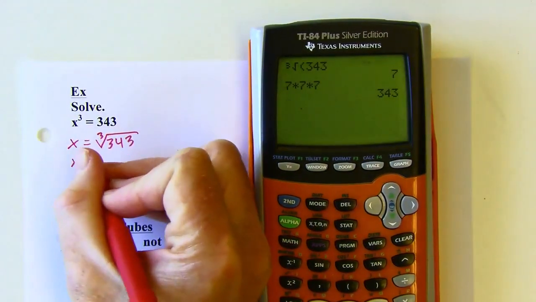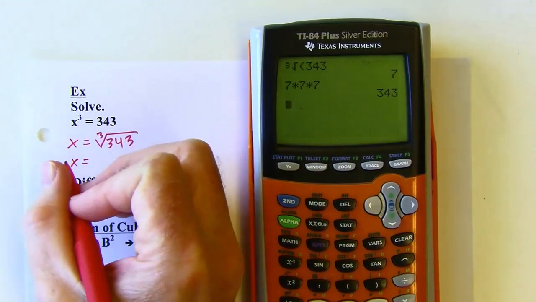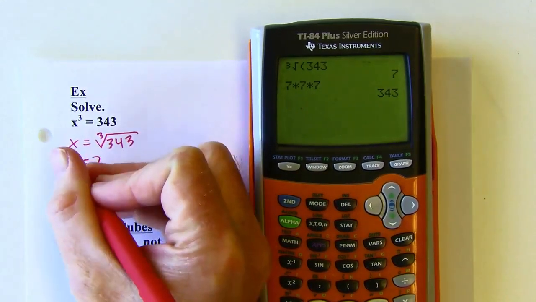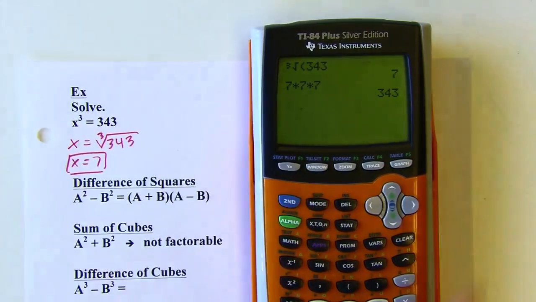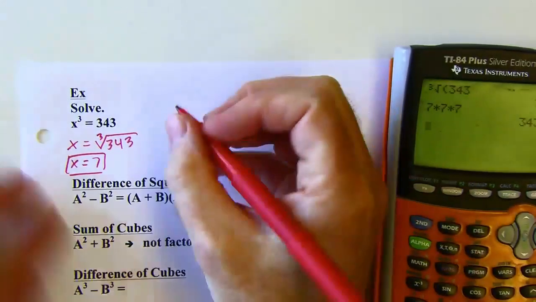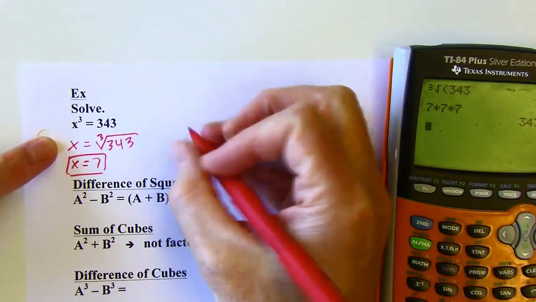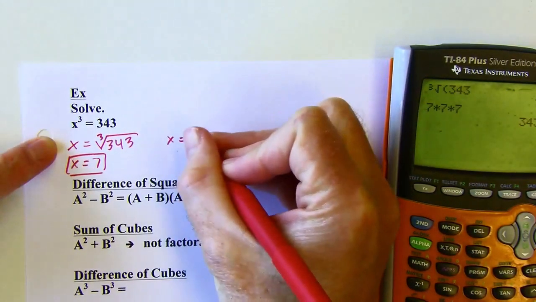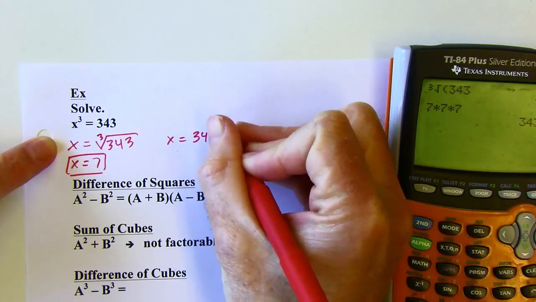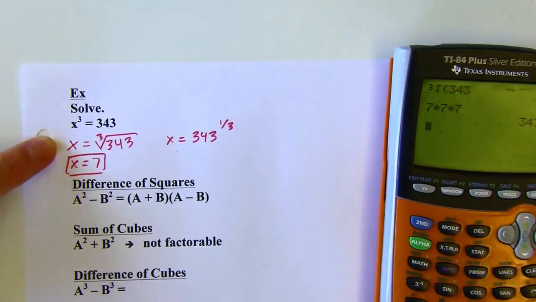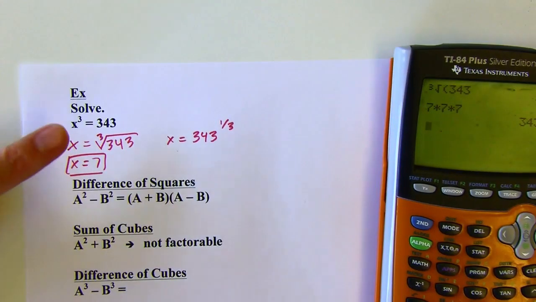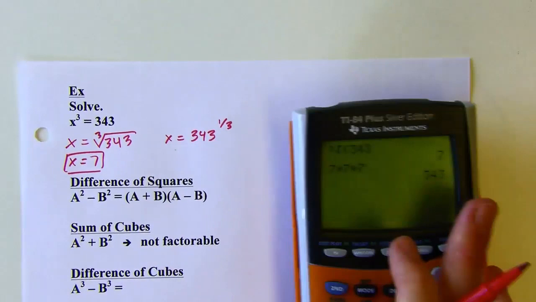Okay. Now, if you don't have another way to handle this, and this comes up later in the book, but I'm just going to tell you about it now because it's sometimes useful. So taking the cube root of 343 is the same as doing 343 and raising it to the 1/3. Okay? So if you're taking the square root of something, that's the same as raising it to the 1/2.